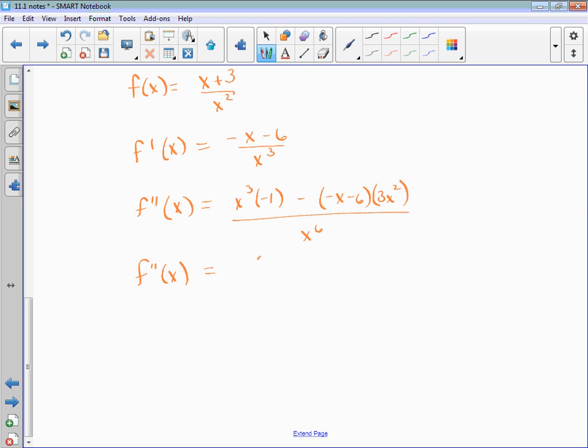So did you guys get 2x cubed? And then minus minus, so plus 18x squared over x to the 6. Okay. So that could reduce to 2x plus 18 over x to the 4th.